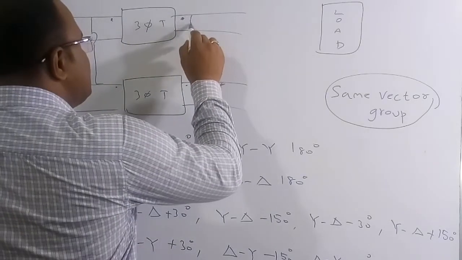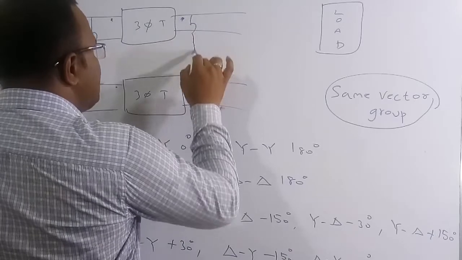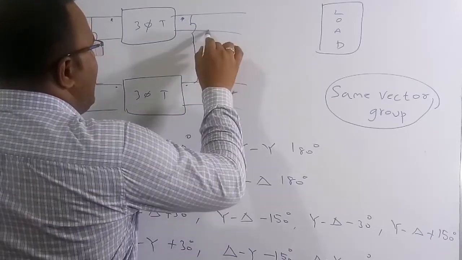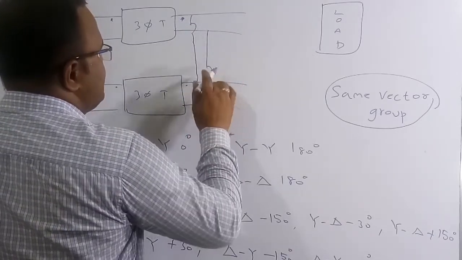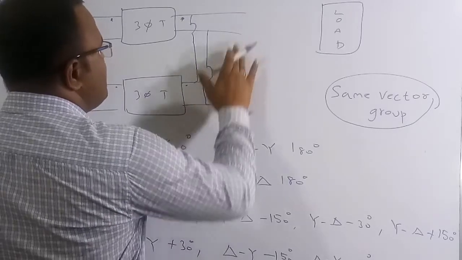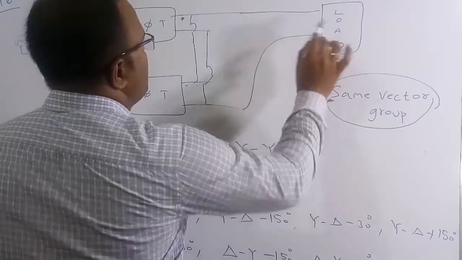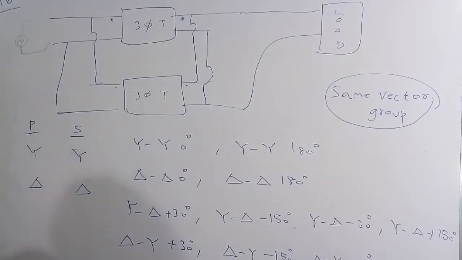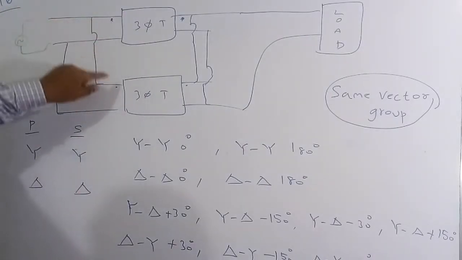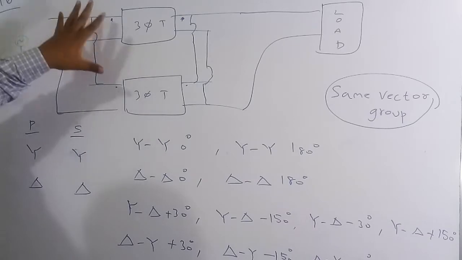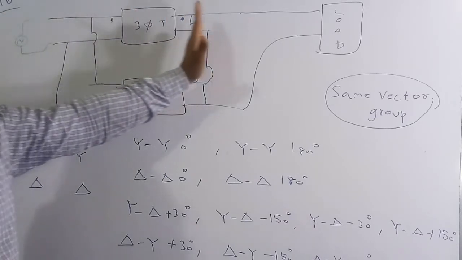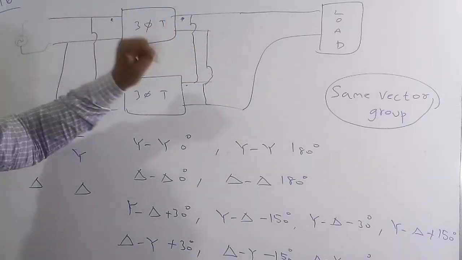Similarly here also, the same dotted polarity should be connected together, and the remaining terminals connected like this. This is the true meaning of it. Then the remaining part we give to the load. This is one of the important properties: the polarity should be connected together, whether on the source side or at the load side. That is the first condition.